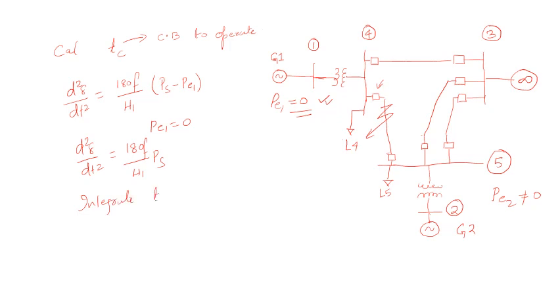If you integrate with respect to time, the dt cancels, and you will get d delta upon dt equal to 180 f Ps upon H1, times t.